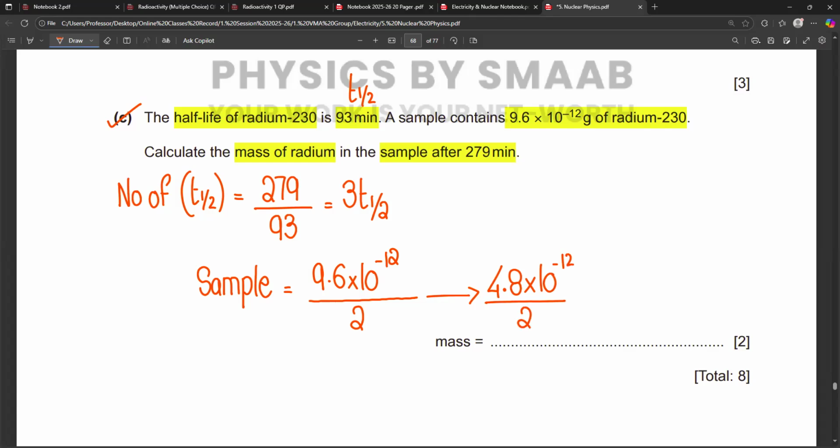Again, second half-life. After the second half-life, 2 2s are 4, 2 4s are 8, so 2.4.